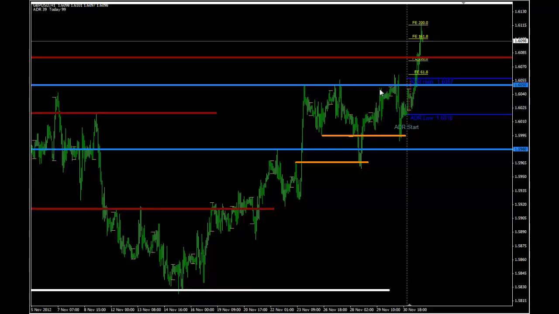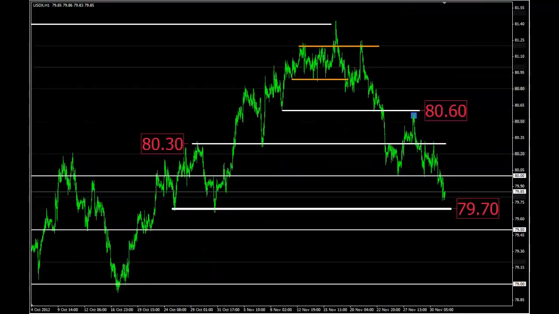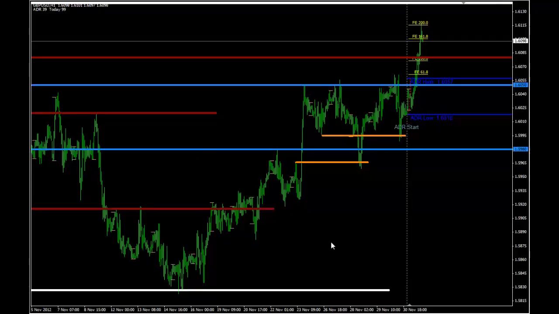At the same time, we expected the dollar to break below its support level, because we have a descending triangle here. So we have symmetry between the two markets. We're looking for the 79.70 level or 79.50 level respectively on the dollar. So if we're expecting weakness on the dollar, it's going to translate into higher prices on the cable.